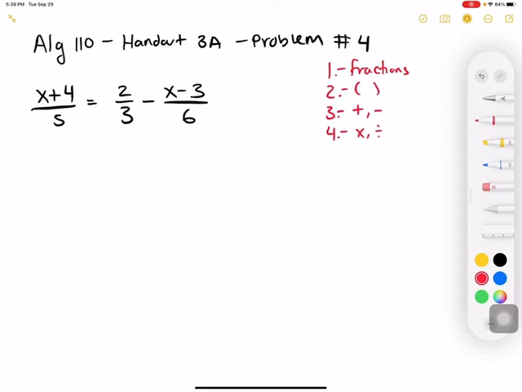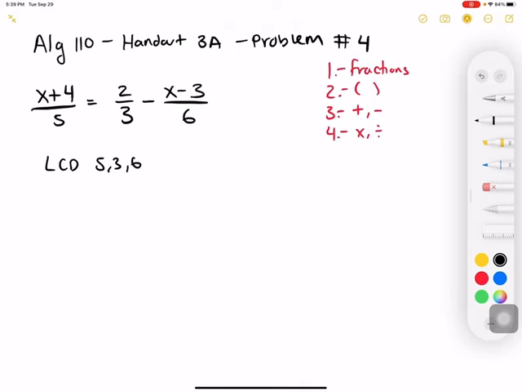The first thing that we're going to get rid of on this equation is fractions. In order to get rid of three fractions, we have to find the least common denominator first, between 5, 3, and 6. What's the smallest number that can be divided by 5, by 3, and by 6?